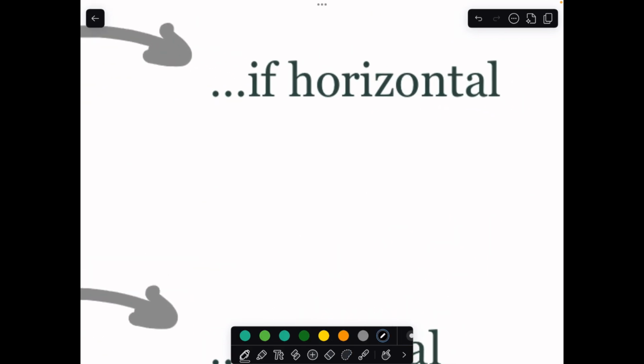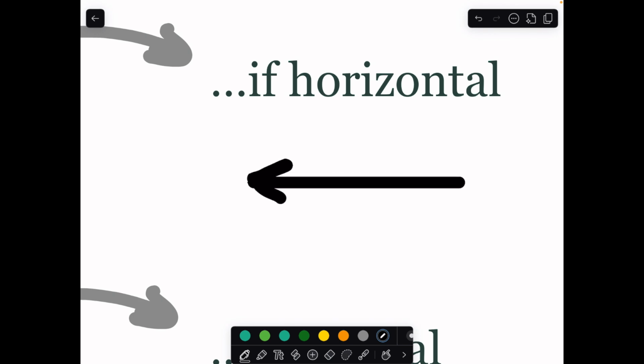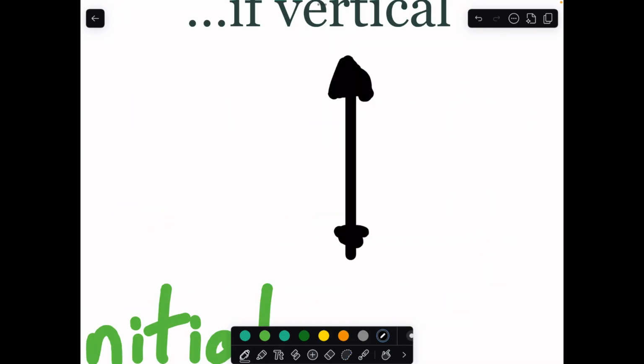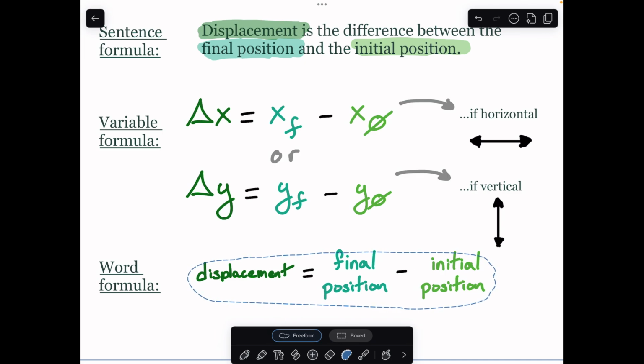Let's also add a little of this so we know what direction we're talking about. Horizontal is like the horizon. It's the backy forthy direction. And then vertical is the uppy downy direction. I lost my little arrowhead here, so let's get that back. Sorry for the confusion here.